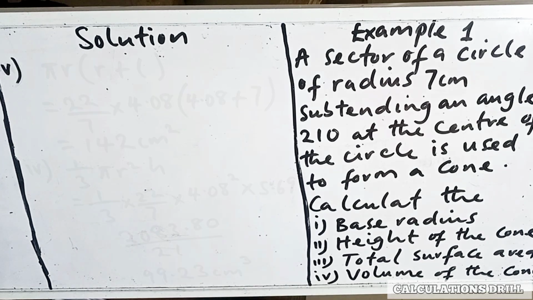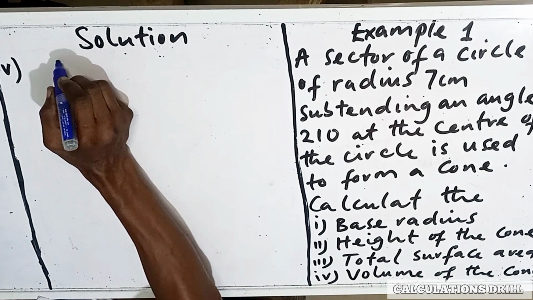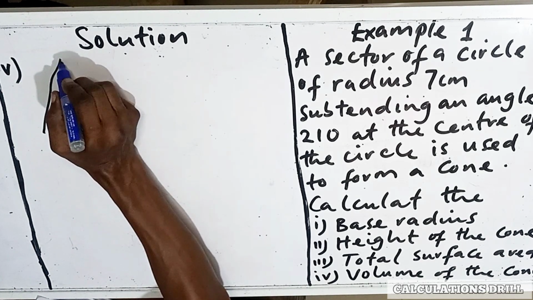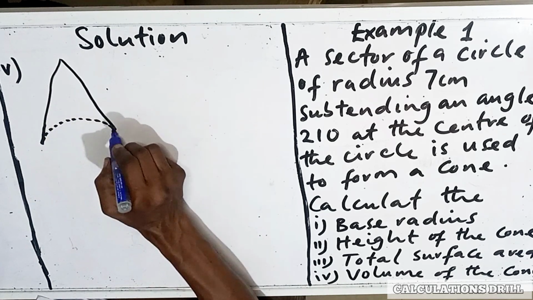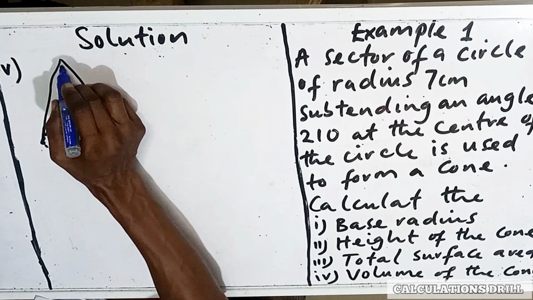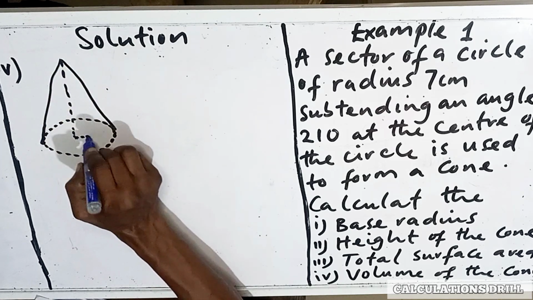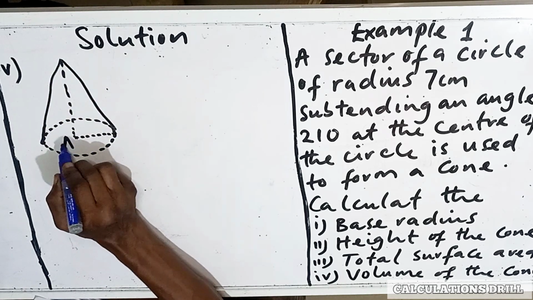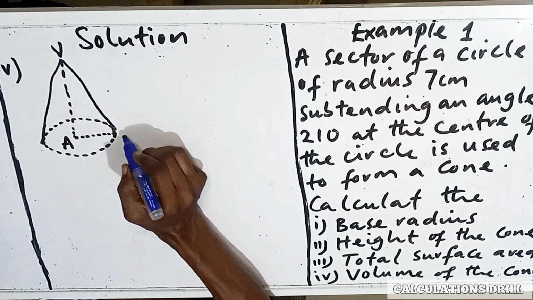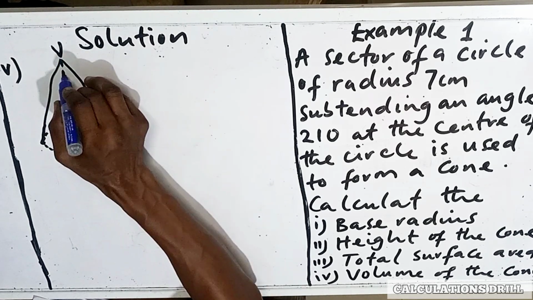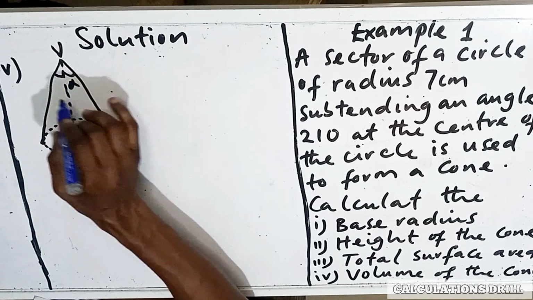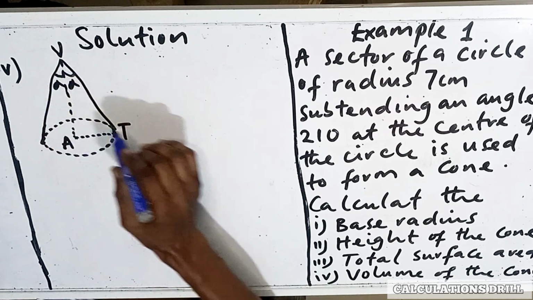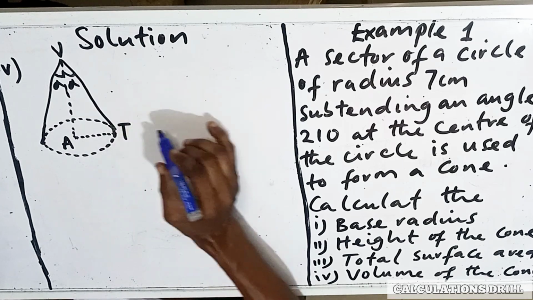Then the last but not the least, we want to quickly solve for the vertical angle. And as you can see from the diagram, I'm following the question that was given to us. So that is what we are looking for. I use alpha to represent that.